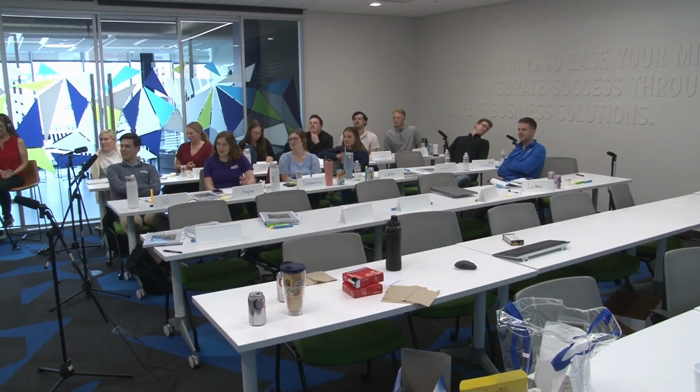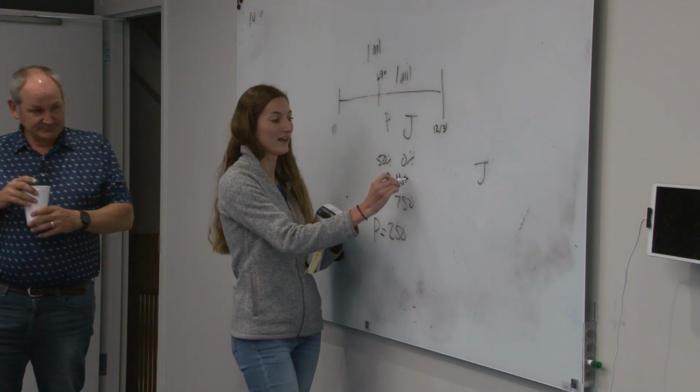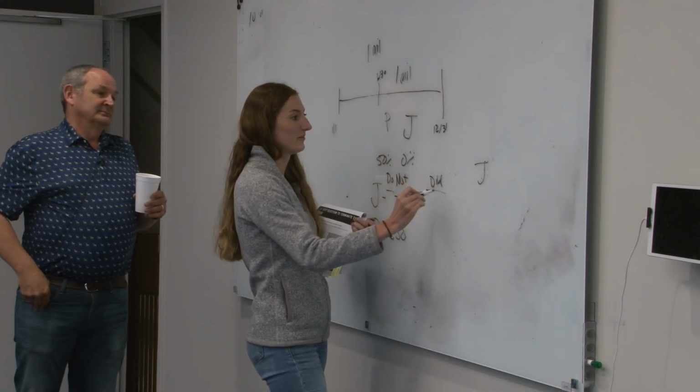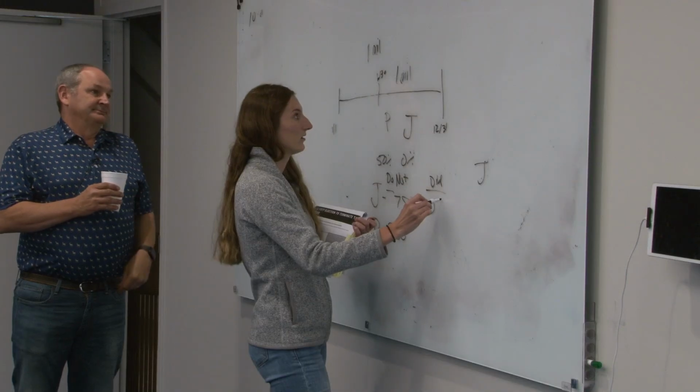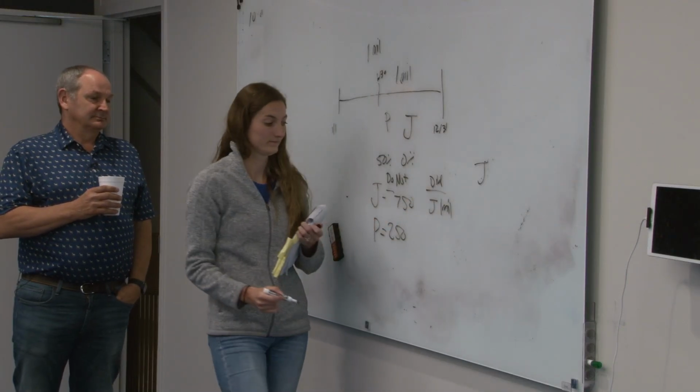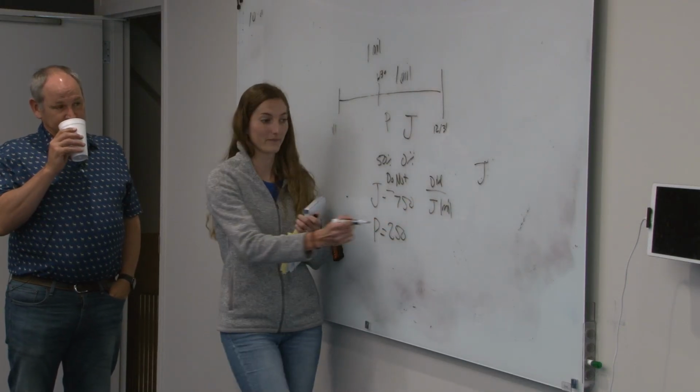Okay, so this is if they do not make the election. And if they did, it would be J 1 million and P 0, correct? Yes.